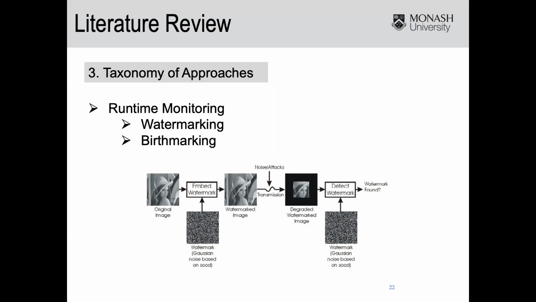For example, given an image, the authors could embed a watermark in the original image and make it a watermarked image, which from the human point of view is exactly the same. We cannot distinguish the difference. In Android APKs, it's the same.